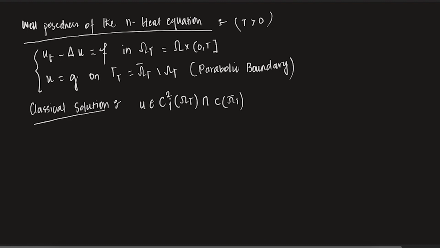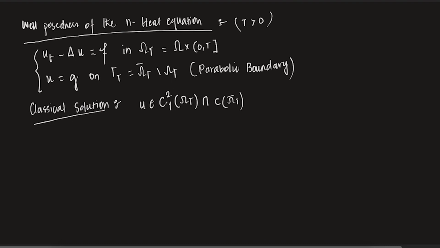Here, you do not need twice regularity with respect to time, because only u_t is there, right? So you just need one derivative with respect to t. So this will specify what the derivative is with respect to t, and this will specify what the derivative is with respect to x. Okay, this is the spatial variable, and that is the time variable.